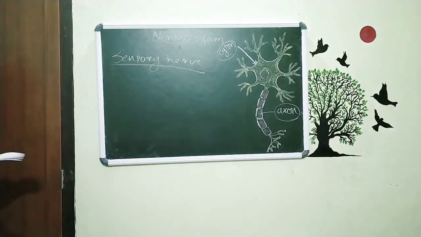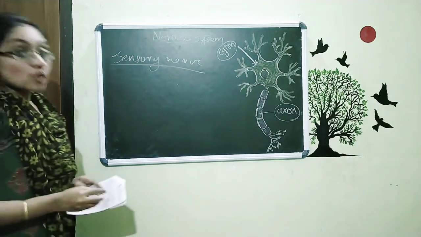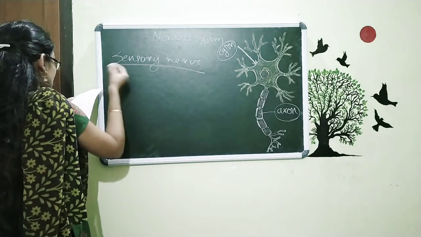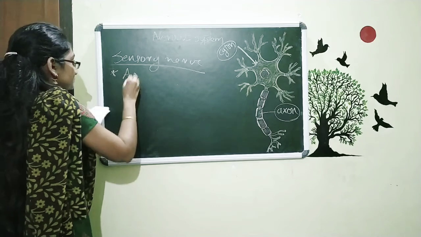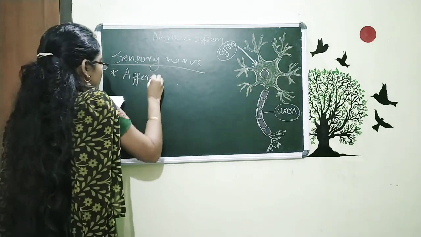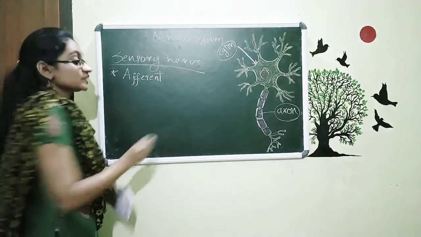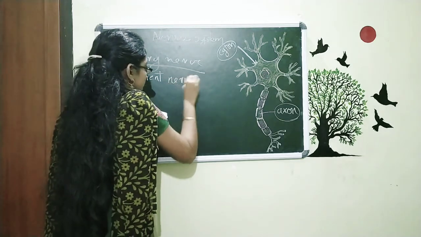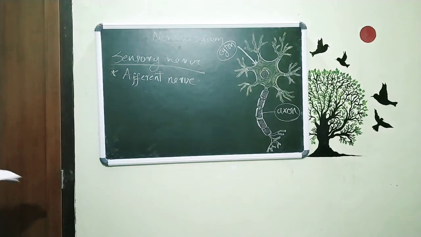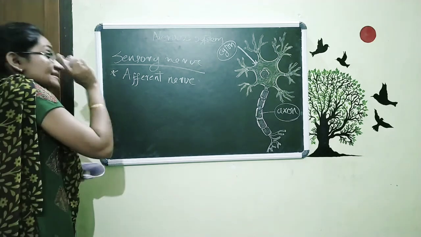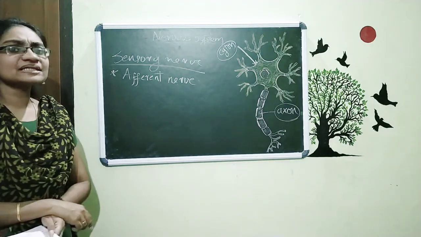Sensory nerve. This sensory nerve is also called afferent nerve. And here, what is this sensory nerve doing?